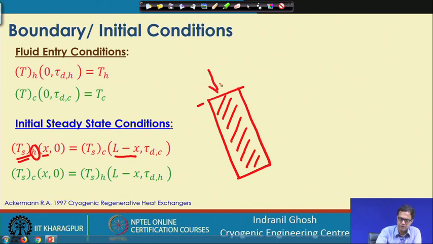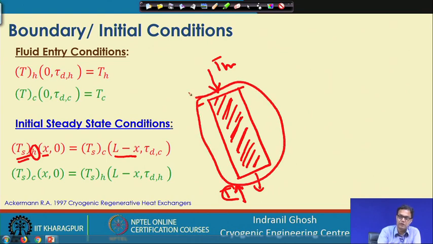If the gas was flowing and entering at TH, by the end of this cycle it will leave the bed at a particular temperature. So, that is the initial condition for the other fluid, when the cold fluid stream is moving through this. It finds that the bed is at that particular temperature at different locations. So, that is the initial steady state condition for the cold fluid.